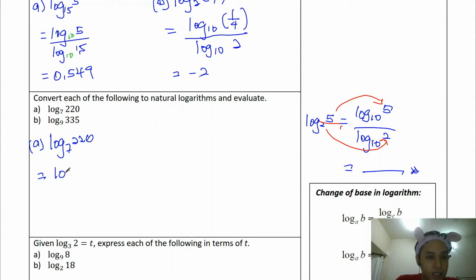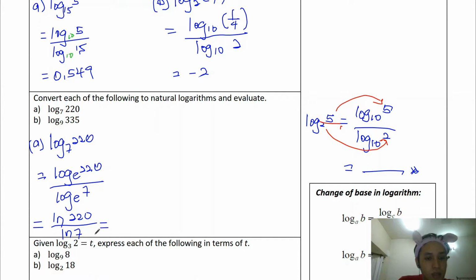So it's going to look like this: log e 220 divided by log e 7. We know that log e is also equivalent to ln, so technically we can immediately change it into this form: ln 220 divided by ln 7. You just punch in your calculator, ln 220 divided by ln 7, and then you will get your answer.